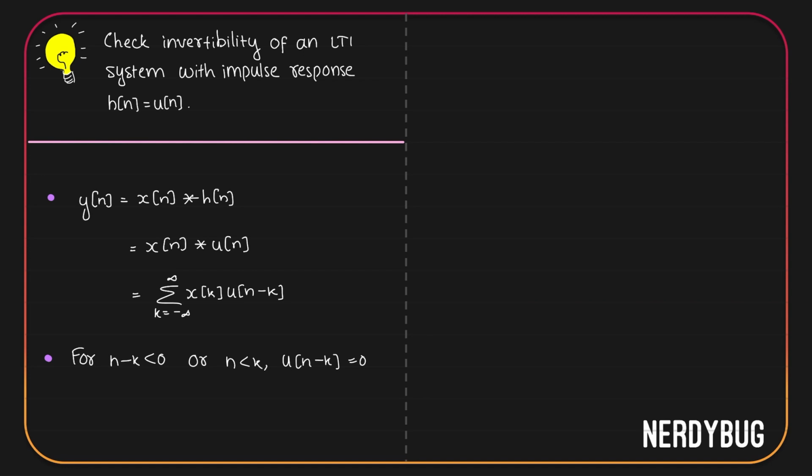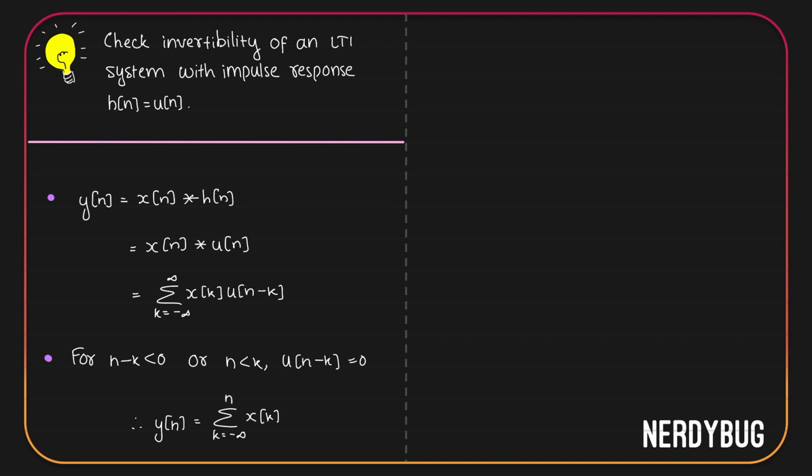So do we really have to take the summation from k equals minus infinity? We are taking u of n minus k as a function of k, and k cannot be greater than n. N less than k means k greater than n. If k is greater than n, then u of n minus k becomes 0. That means we only have to take values of k from minus infinity up to n. So we can write output y of n is summation from k equals minus infinity to n x of k.